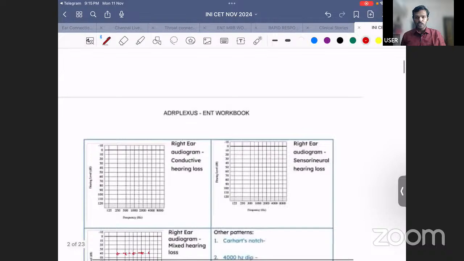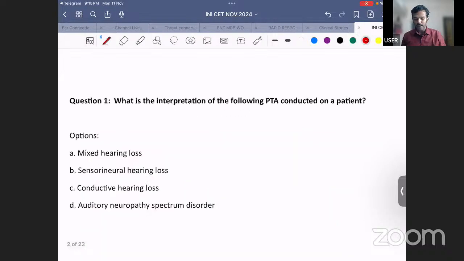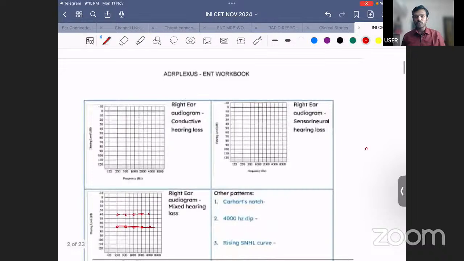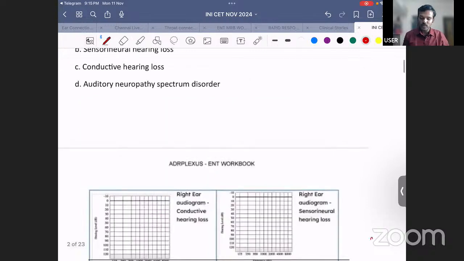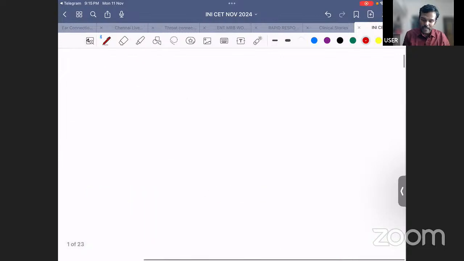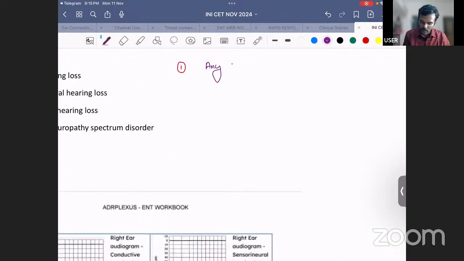First, how to plot an audiogram. I've always told you 3 thumb rules for plotting an audiogram. The first thumb rule is, first identify whether any curve is more than 25 decibel, be it bone conduction or air conduction.